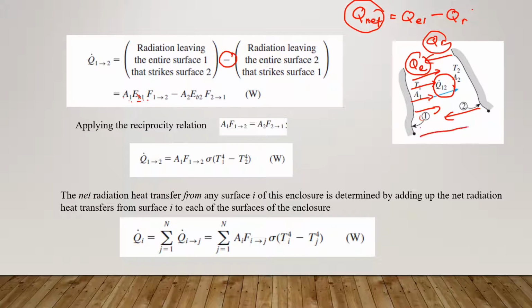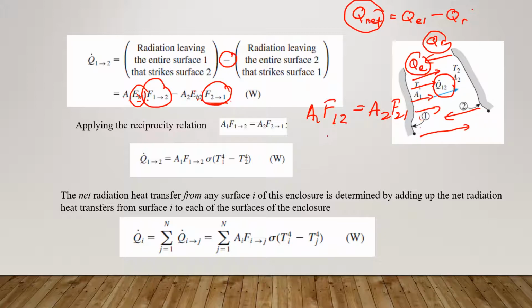Minus A2, area 2, times the black body emissive power EB2 at surface 2, and then F2 to 1, so 2 strikes back to 1. Applying the reciprocity relationship, we know that A1 F1 to 2 equals A2 F2 to 1.